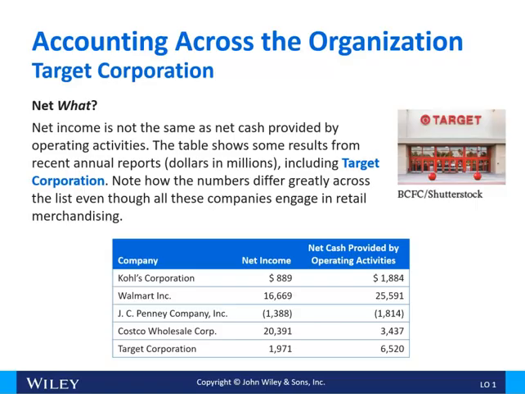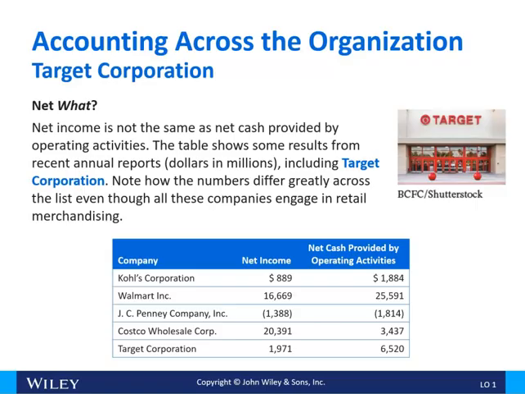Walmart was at 9 billion more in cash provided by operating activities compared to net income. JCPenney, pretty close, a little bit more cash out with the net loss.